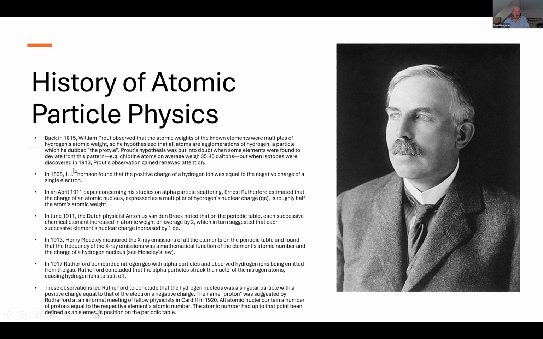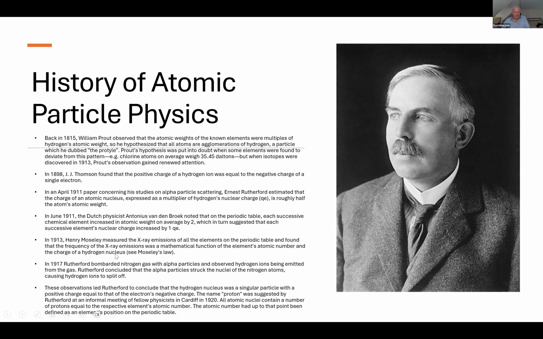And in 1898, Thomson found that the positive charge of a hydrogen ion equaled the negative charge of a single electron that he discovered. And so that suggested that in 1911, Rutherford, with his work here, led to other work in 1911 by the Dutch physicist Van den Broek, who noted that each successive chemical element increased in atomic weight by an average of 2, which in turn suggested that each successive element's nuclear charge increased by 1.